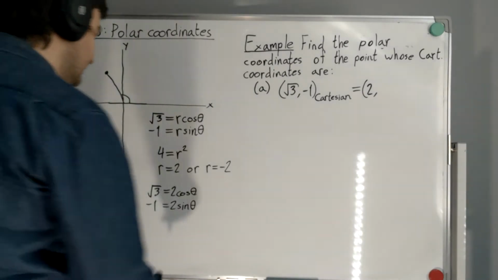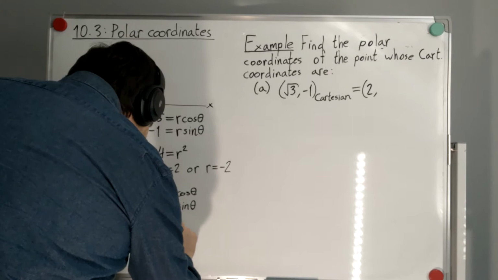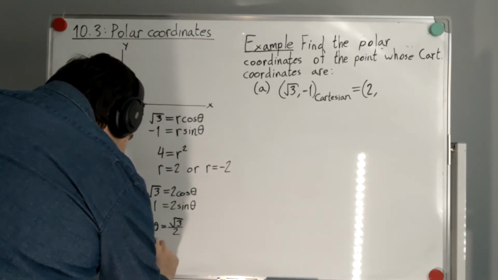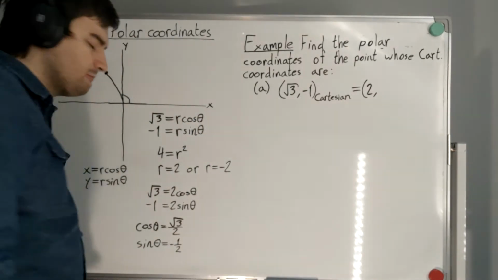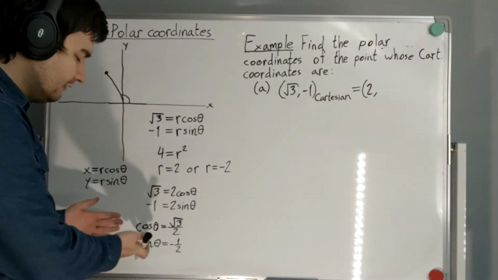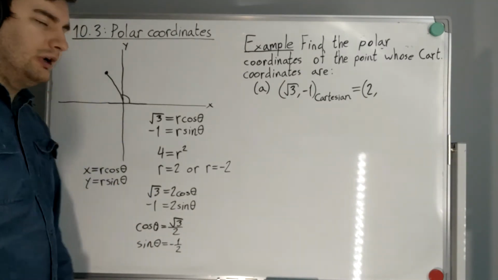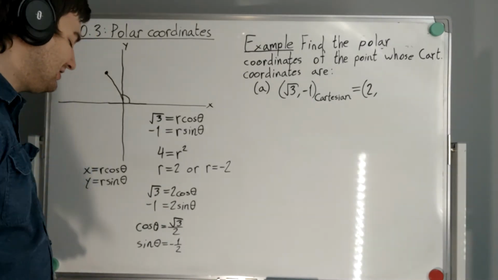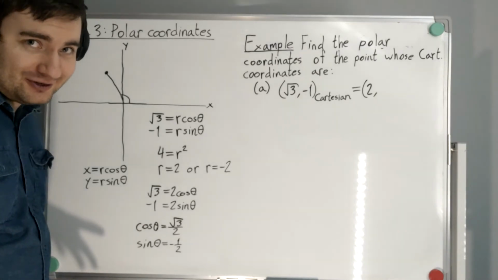In other words, cosine theta equals root 3 over 2, sine theta equals negative 1/2. And so now we just need to solve this system of equations. First of all, there are infinitely many solutions, because there are infinitely many angles that would satisfy these two equations.